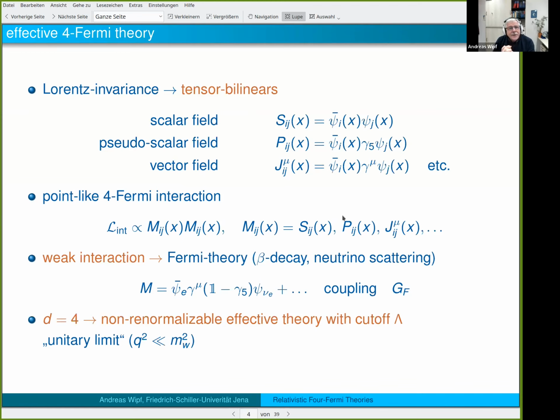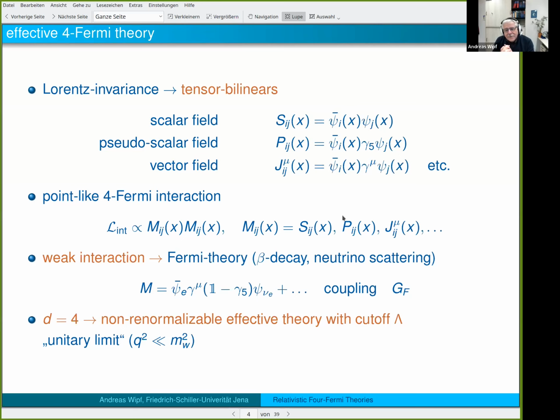So you write down all tensors which are quadratic in the fermions, for example, a scalar-scalar interaction, this S, or scalars or pseudoscalars, and so on. And then you just write down all possible Lorentz invariant Four-Fermi interactions. These are these L interaction terms here.